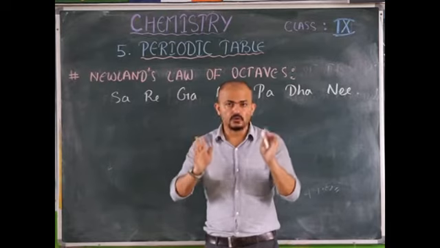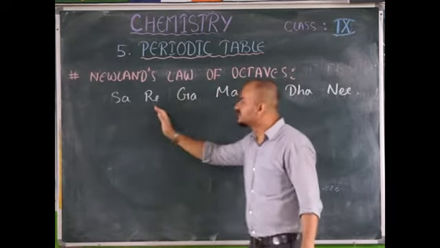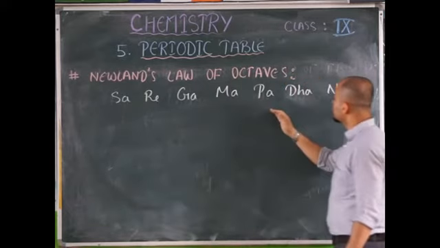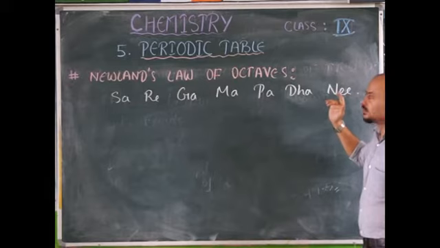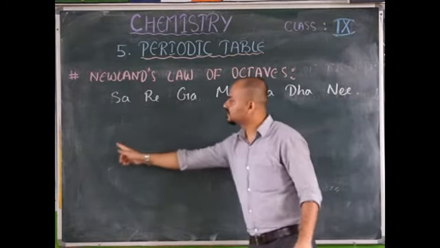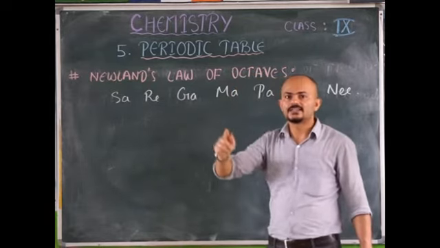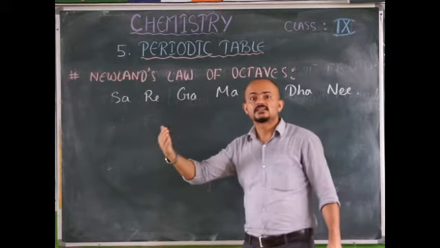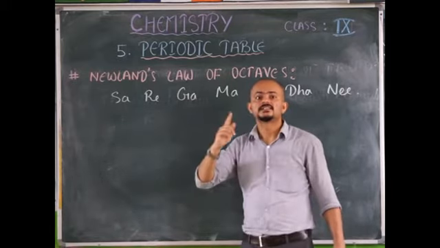So in simple words, whenever you are arranging elements according to their increasing atomic masses, the eighth element has to come in here. That means the eighth element and the starting element will have the same properties.